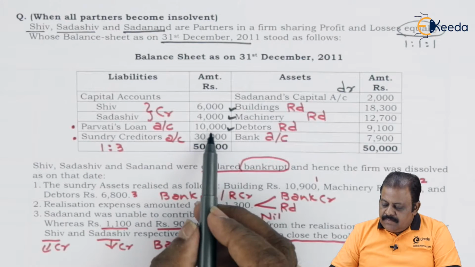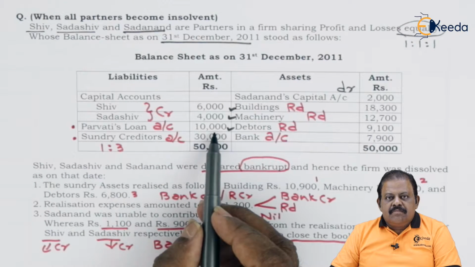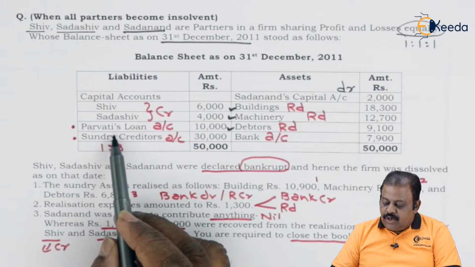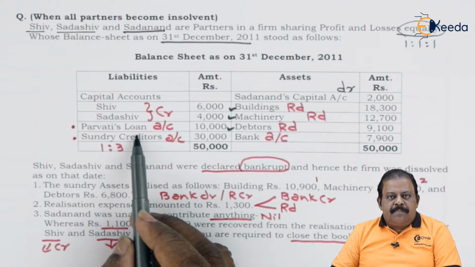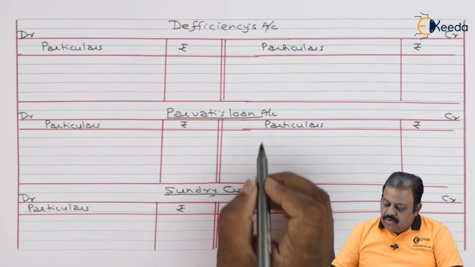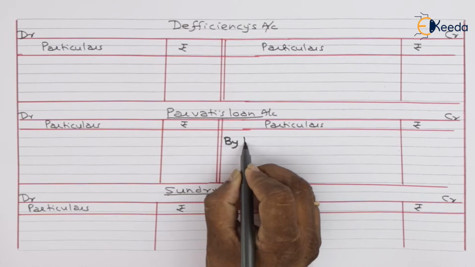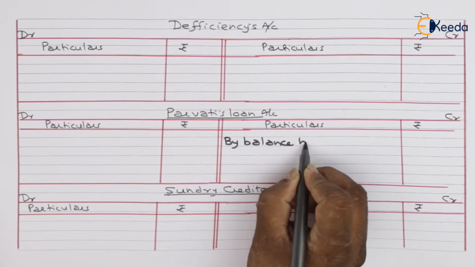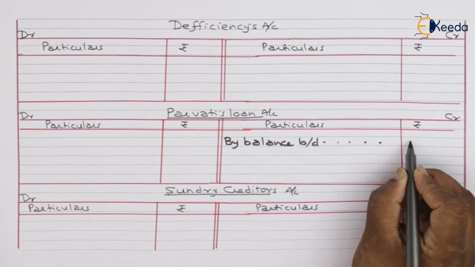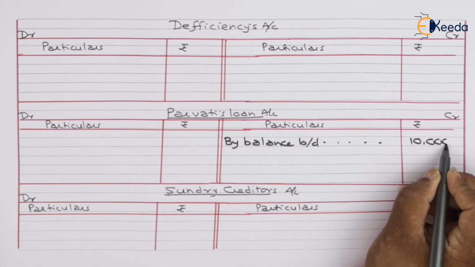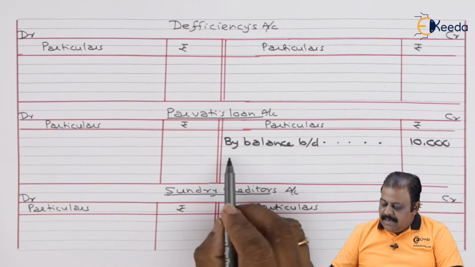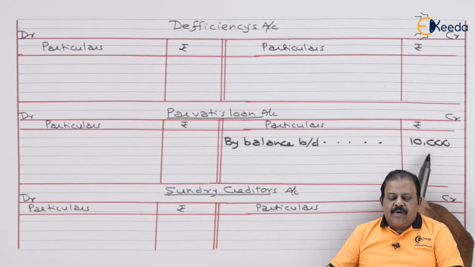Parvati's loan 10,000 will be transferred to the credit of her loan account separately opened. Parvati's loan account, credit side, by balance brought down 10,000.